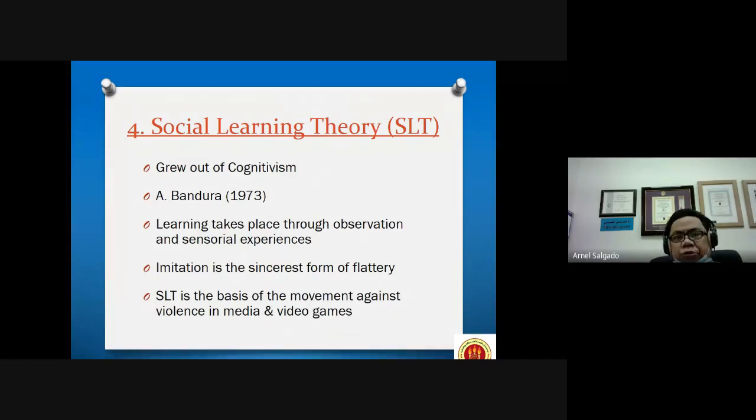According to Albert Bandura and other social psychologists and social learning theorists, if students or pupils continuously play violent games, the tendency is that they would also adopt the violence in their lifestyle, in their life, and in their actions, which will influence greatly their behaviors. So the tendency is that children would be violent also.